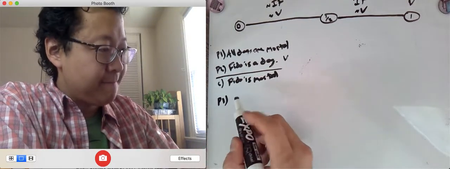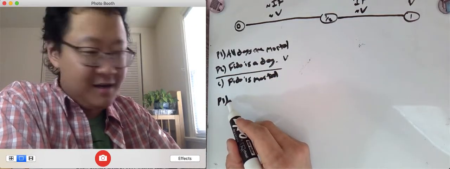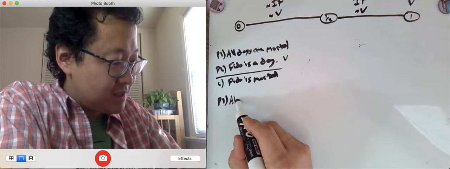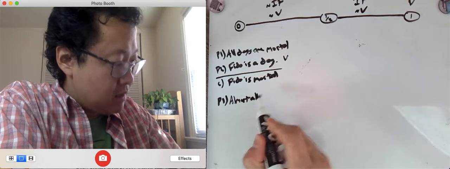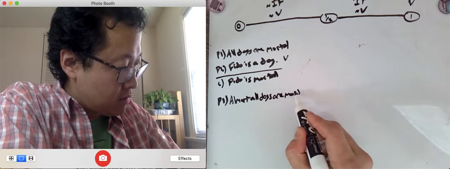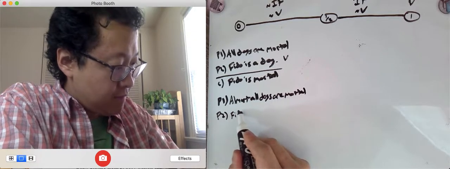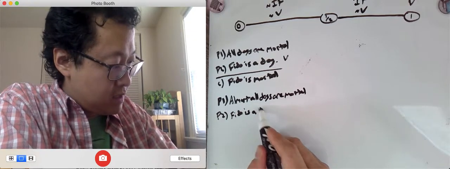Premise 1. How about instead of all dogs, how about almost all dogs are mortal? Premise 2. Fido is a dog.